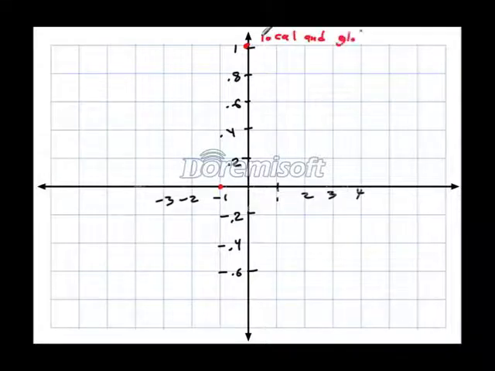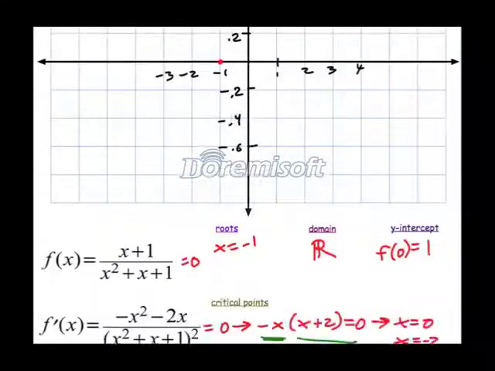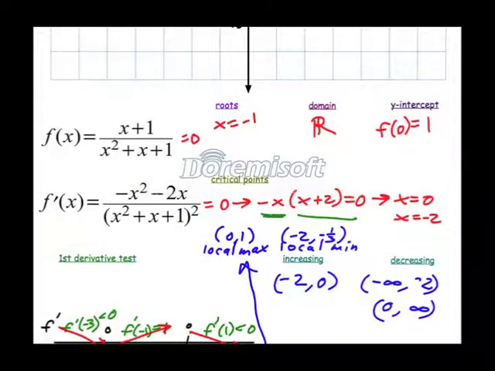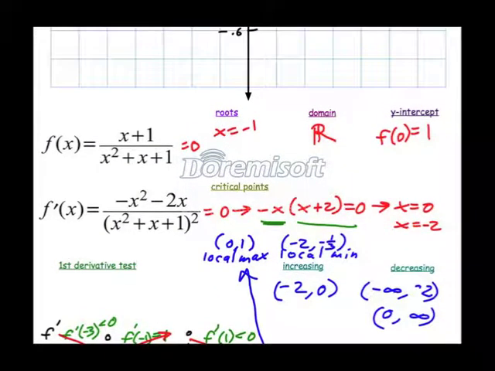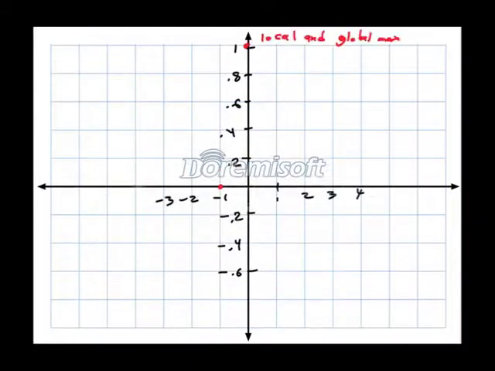So let's put that in there. All right. And let's see what else we got here. We know the local minimum was at -2, -1/3. So -2, -1/3 is about there. That was both a local and a global min.